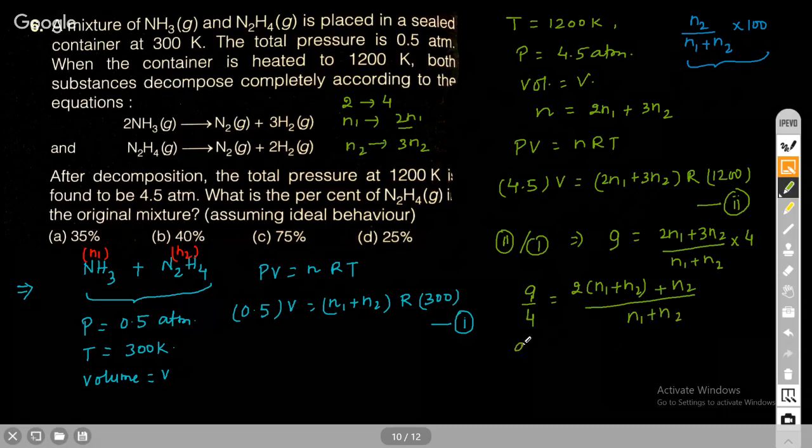So 9 by 4 as it is, and N1 plus N2 will divide in both terms. We get 2 plus N2 divided by N1 plus N2. So N2 divided by N1 plus N2, when you solve this, you'll get 1 by 4. When you multiply this by 100, that gives you 25%. So the answer will be option D.